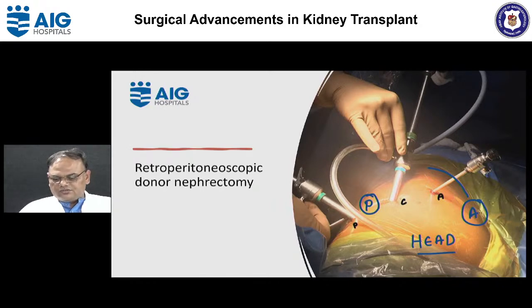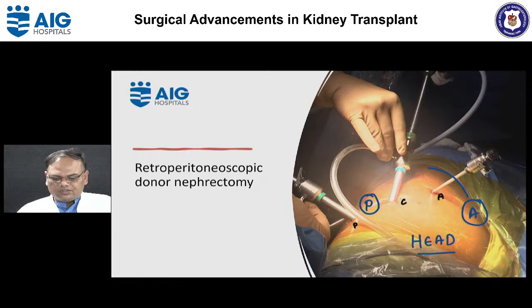What you can see in the image is the head end of the donor. This is the full lateral position, the camera port at the mid-axillary line, the posterior port at the renal angle, and the anterior port, that is a 5 mm port, around 5 centimeters anterior to the camera port and around 3 centimeters superior to the anterior superior iliac spine.